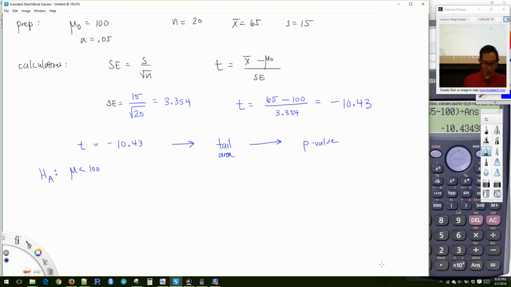As I was walking around, it seems some of you are struggling with this. Let's see what we do. If your test statistic is negative, we just ignore the sign. We go to our table. How many degrees of freedom do we have? Degrees of freedom is n minus 1, so we have 19 degrees of freedom.